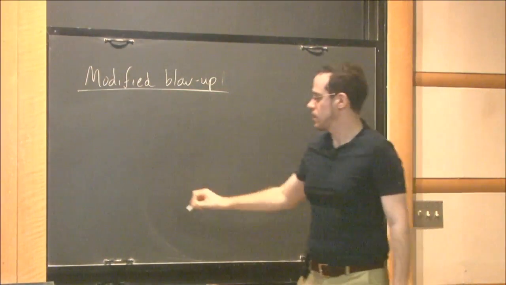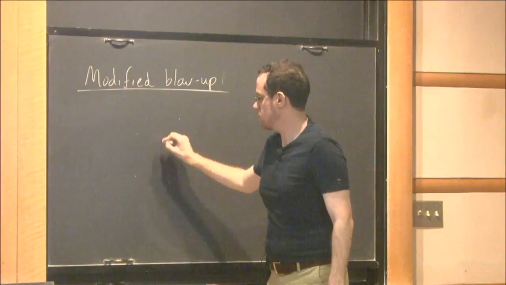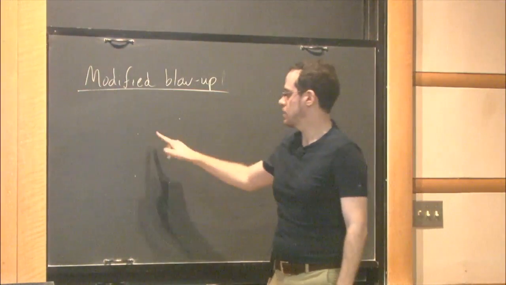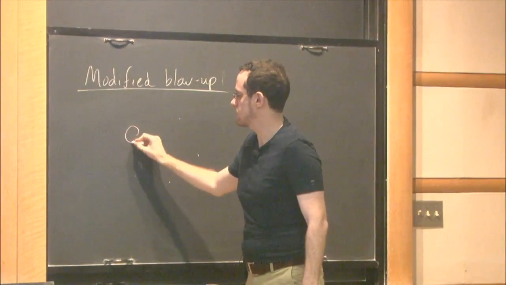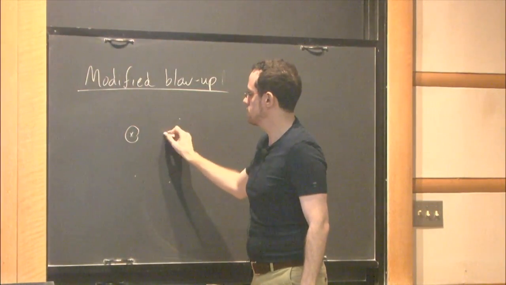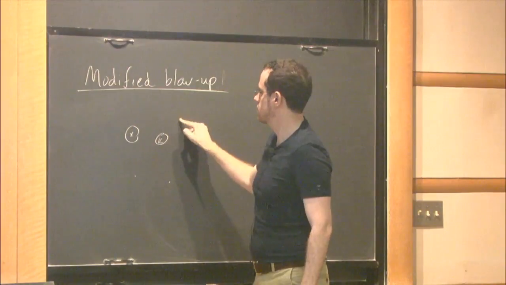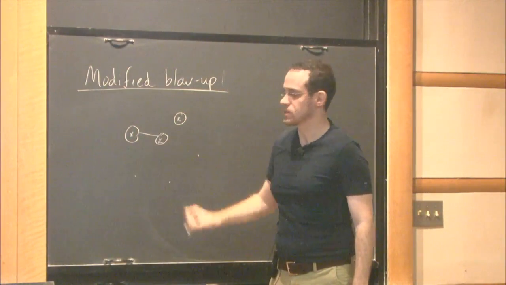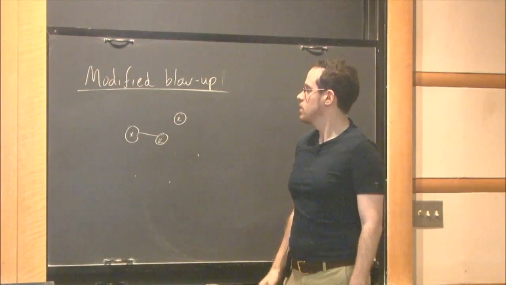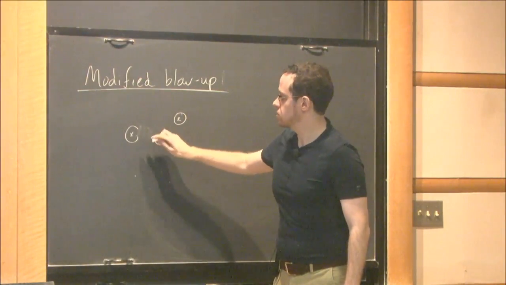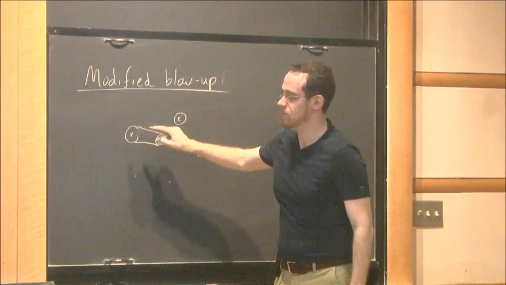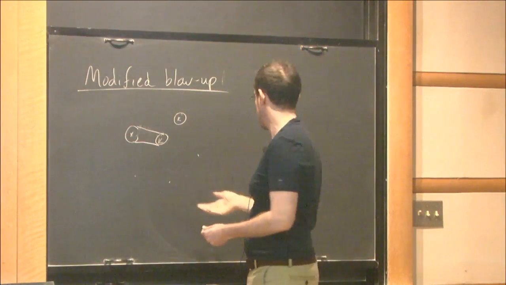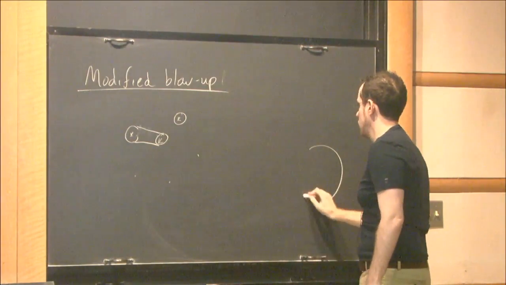So you start with some arbitrary graph, and here's what you do. First of all, you take a blow-up in the sense that you replace every vertex by k new vertices, a new subset of vertices. And whenever there was an edge in the original graph, first of all you blow up, so you replace this by a complete bipartite graph. But then, why do I say modified blow-up? Let me enlarge this.